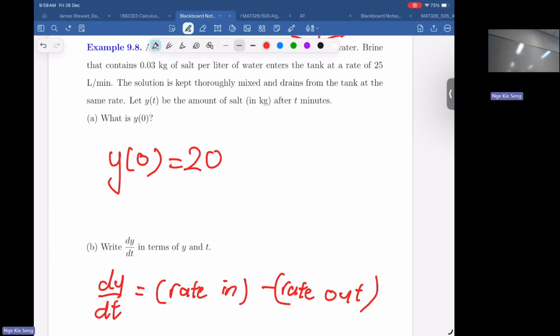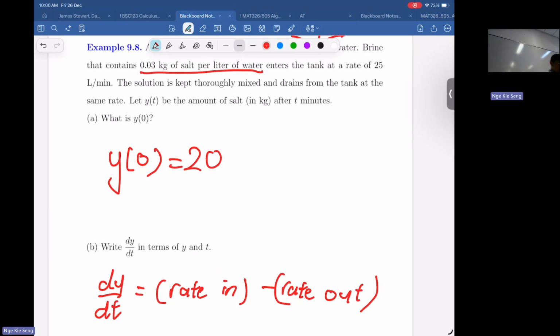Did you see the density? Per liter, you can figure out how much salt you have. So you can transfer the rate with respect to volume into the rate of the amount of salt, in kg.